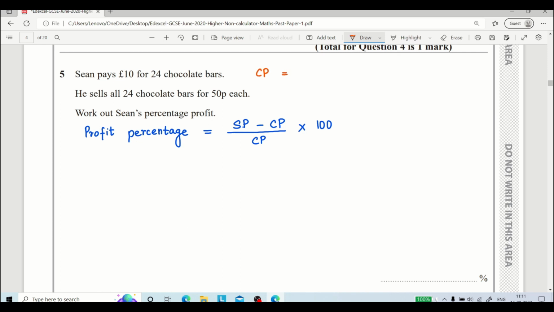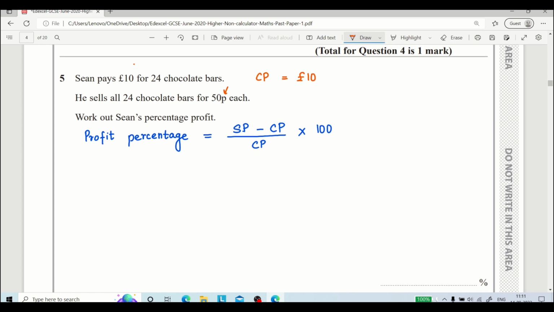Cost price here is £10. Now since we have two values, one being in pounds and one being in pence, let's convert everything in pence. So this is going to be 1000 pence. Why? Because 1 pound is equal to 100 pence. So you have converted it basically, nothing else.